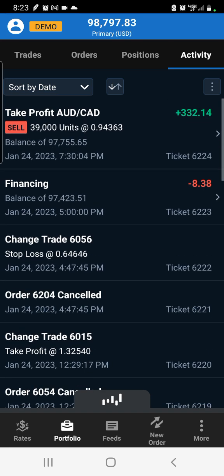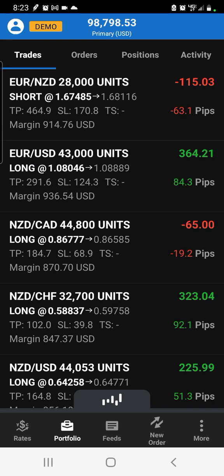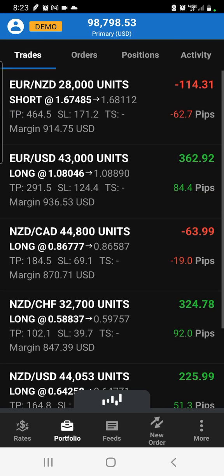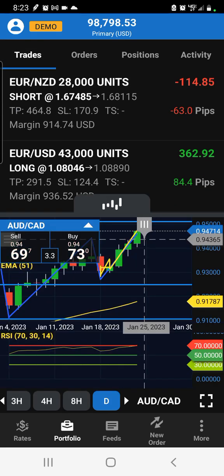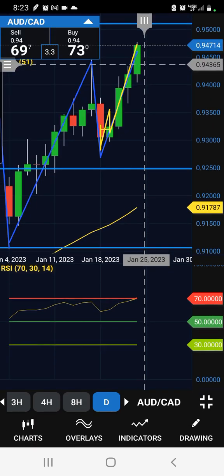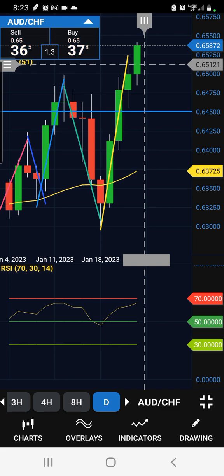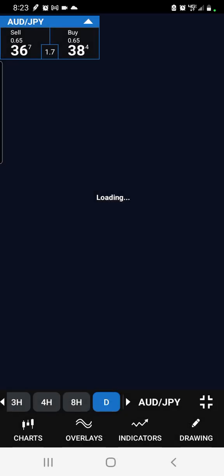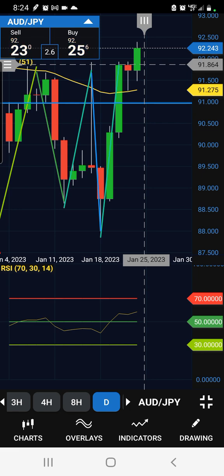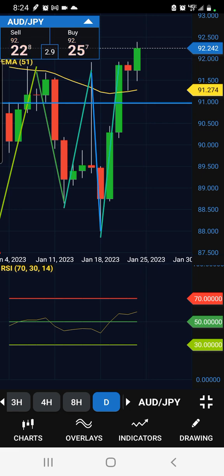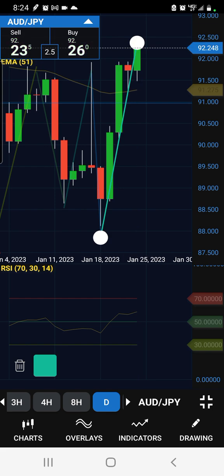I got some other trades that I have open. You know, I have my stop losses and my take profits set on them too. I check them daily, if not every chance I get.